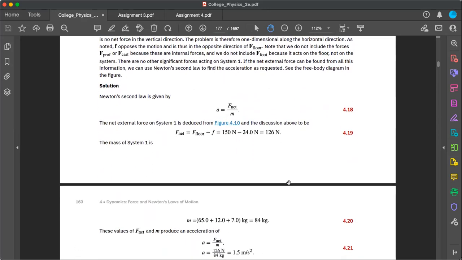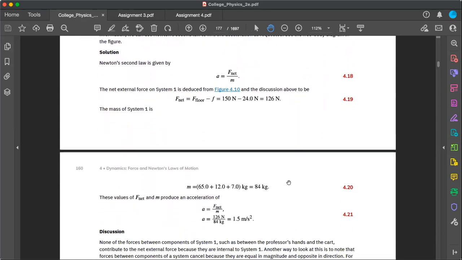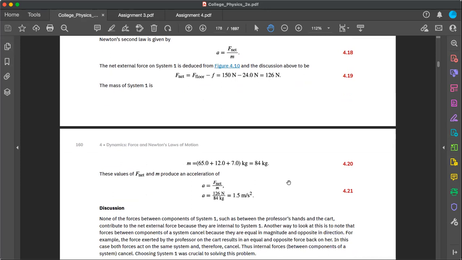And the mass is just the sum of the mass of the teacher plus equipment plus the cart, which is 84 kilograms. So when you divide the total force by mass, you get 126 over 84, which is 1.5 meters per second squared.